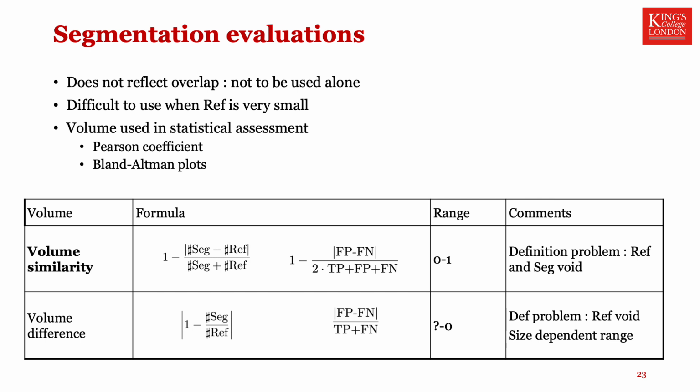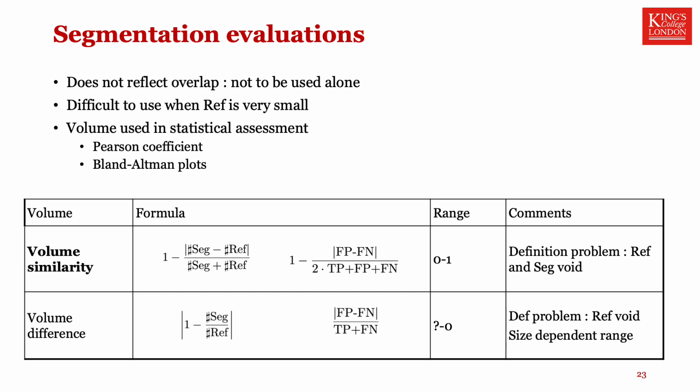The problem is that actually it's usually dependent on the range, and you may have some definition issues when one or both of the sets are void. But it's quite interesting because sometimes it's typically the type of things that are important with respect to how you use those segmentation in the end.